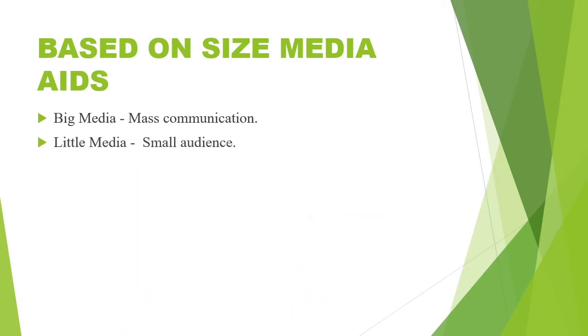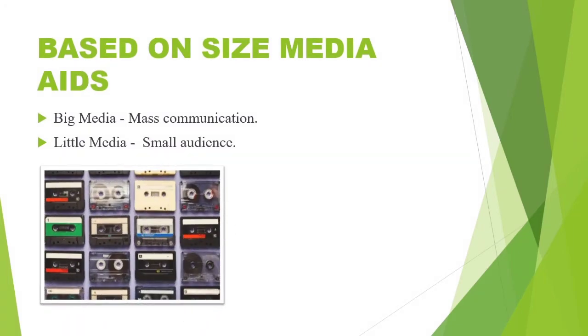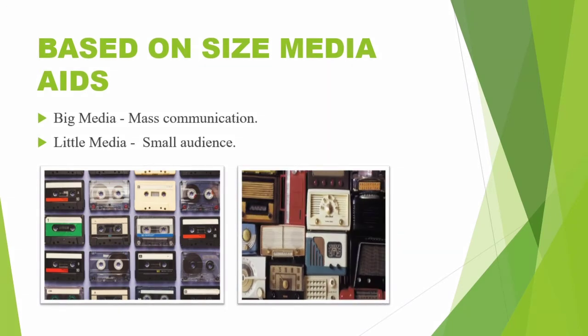Next, we have the little media, which obviously means a small audience, where you can use cassette tapes or radios because these are available to anyone and can be easily accessed.